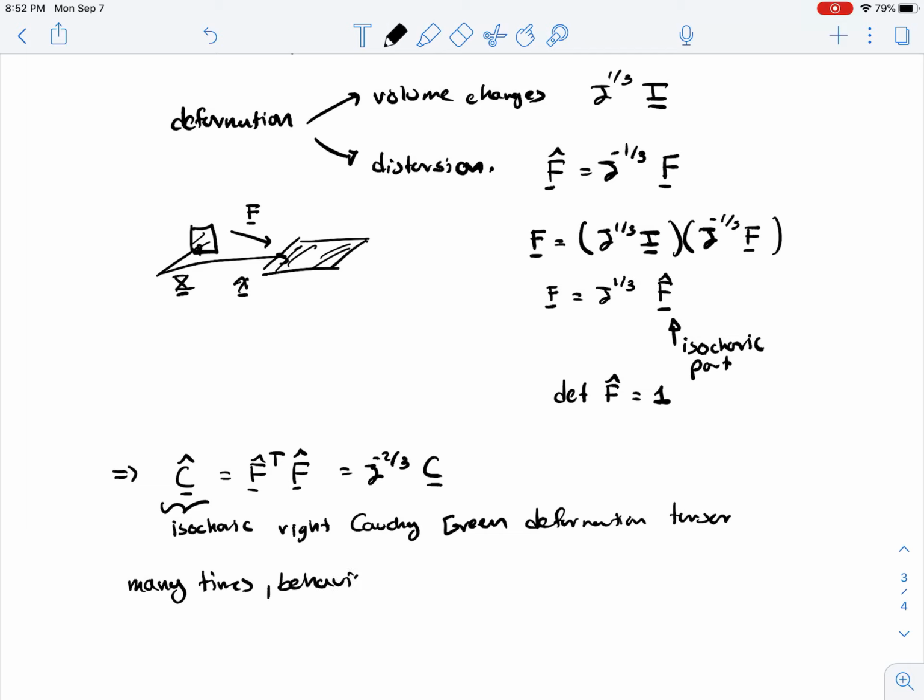So the behavior of the material is split into a part that is a function of C hat and a part that is a function of J. So a part that deals with just distortions, and a part that deals with volume changes.